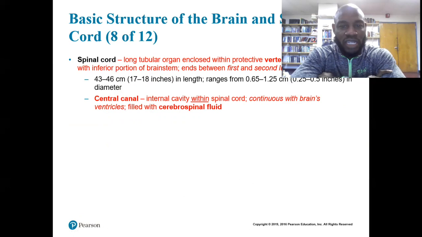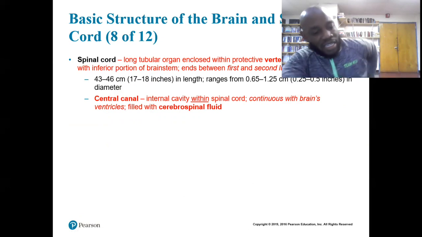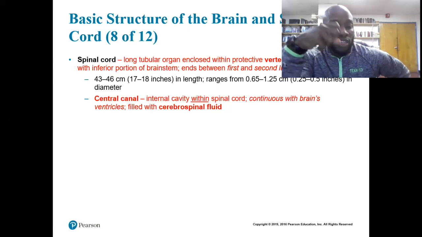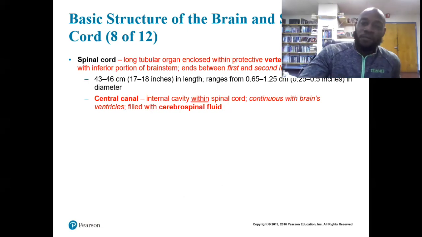But we generally say the spinal cord ends between the first and second lumbar vertebrae in the back. And you'll notice that your spinal column keeps going further than the spinal cord actually ends. It's 43 to 46 centimeters, about 17 to 18 inches in length, depending on obviously your height and things like that.